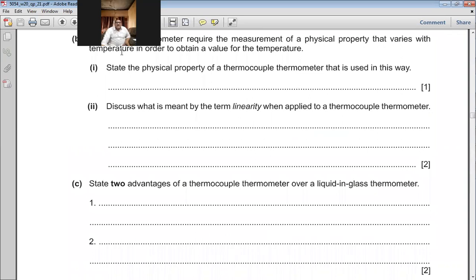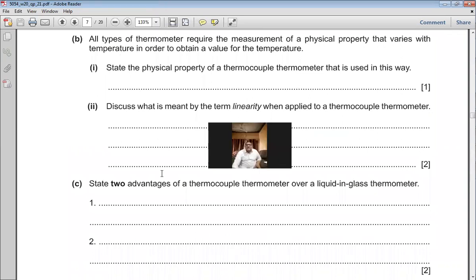He says, discuss what is meant by the term linearity when applied to a thermocouple thermometer. Linearity of a scale normally means that there will be equal change in the property for equal change in temperature. Or in other words, the change in the property is directly proportional to the change in the temperature.